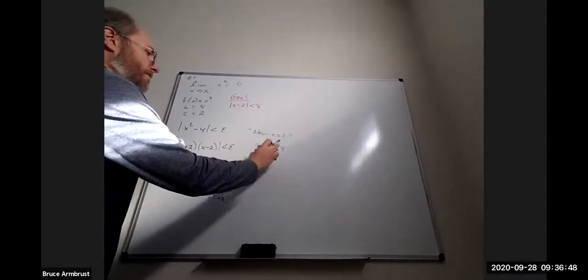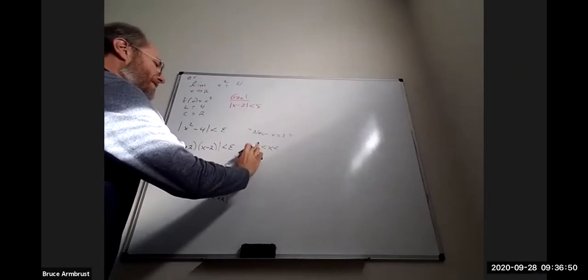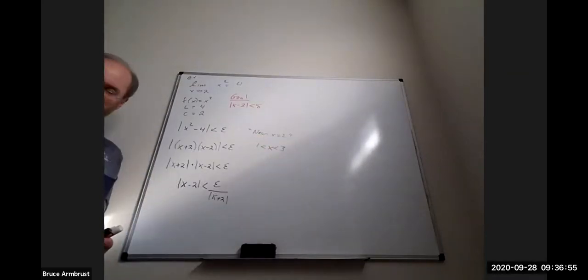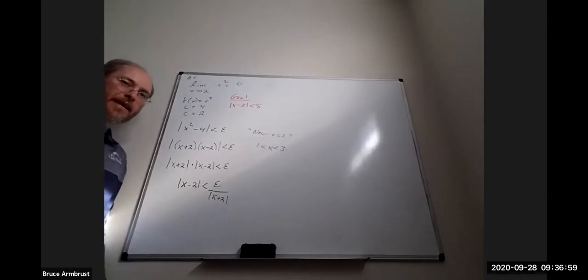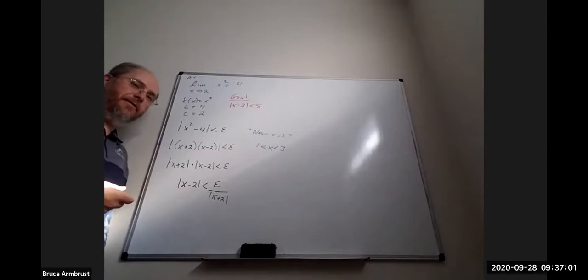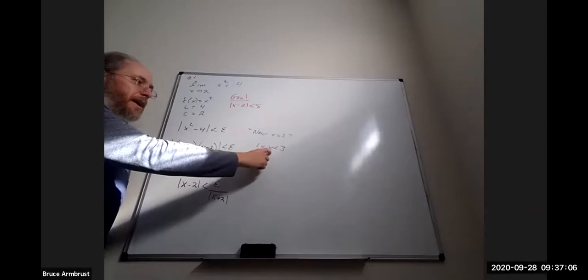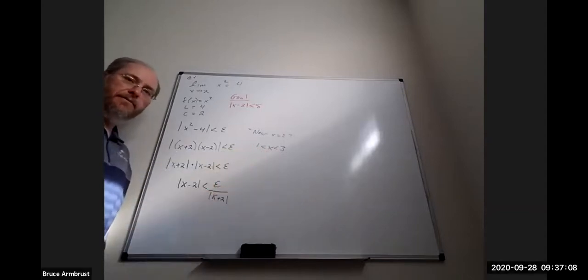Or, sorry, not 3 and 4, 1 and 3. Does that seem reasonable? That I think anybody's definition of close to 2 or near 2 means that those values are going to be somewhere between 1 and 3.